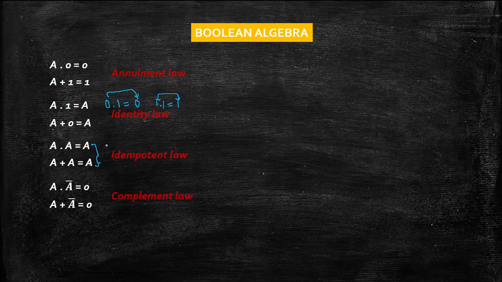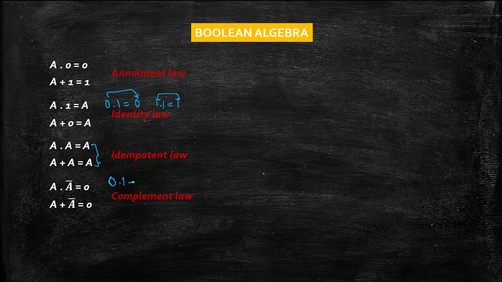Next, a's operation with its complement, which is called the complement law. Here, if a dot a complement, that is a and a complement, are ANDed, then the output is 0. Why? Because if I consider a is equal to 0, its complement will be 1.